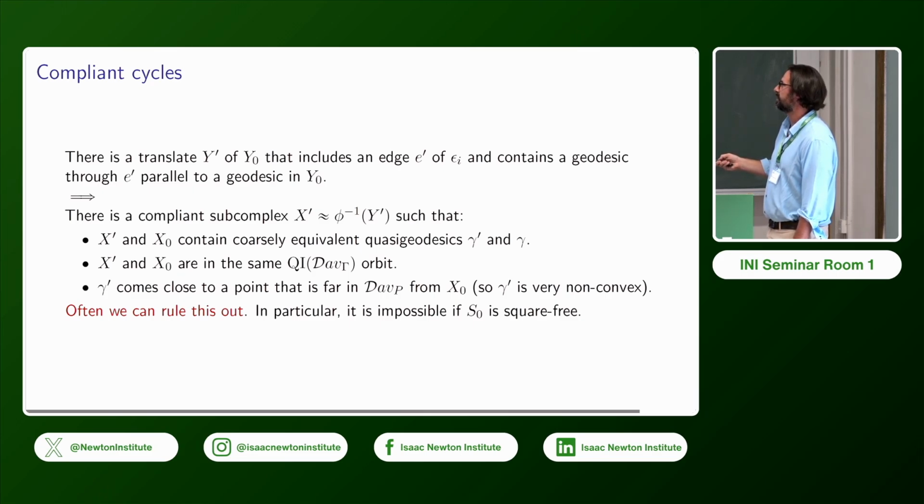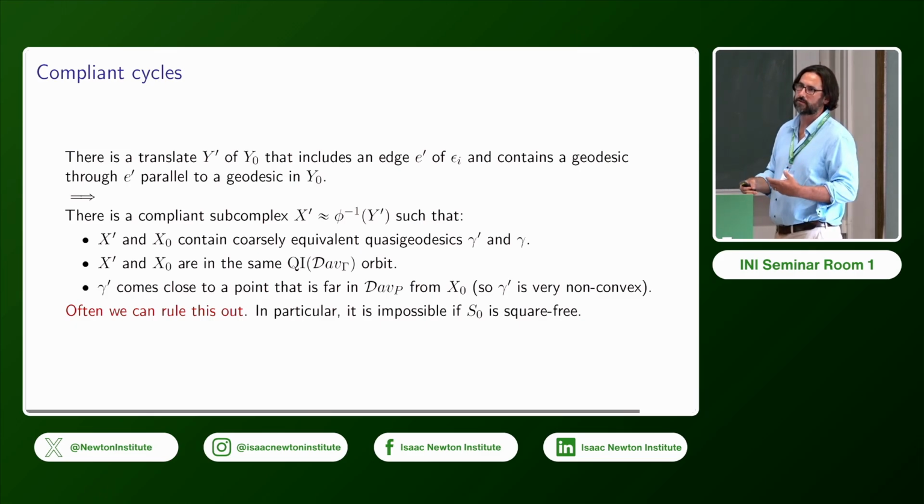X prime and X0 contain coarsely equivalent quasi-geodesics, the preimage of the parallel geodesics. They're in the same QI orbit because we conjugated group multiplication by a quasi-isometry. And this quasi-geodesic here comes close to a point that's far away from X0. So that gamma prime is a very non-convex quasi-geodesic.